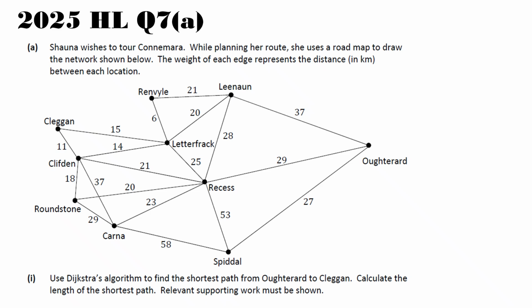Okay, so on the face of it, this seems like a very straightforward Dijkstra's algorithm question. However, please note where we are starting and where we are ending. Our starting point is over on the right hand side, and then we end over here in Cleggan.